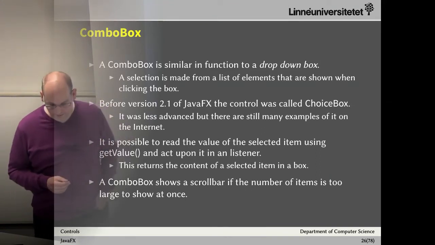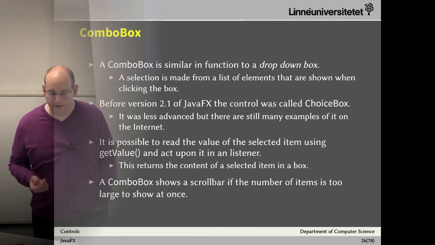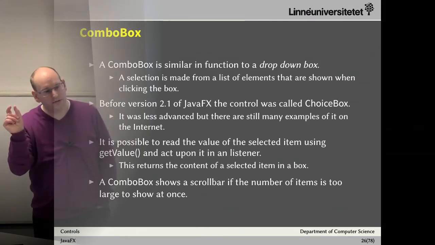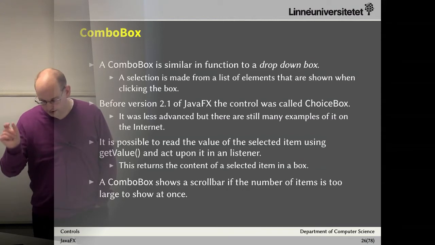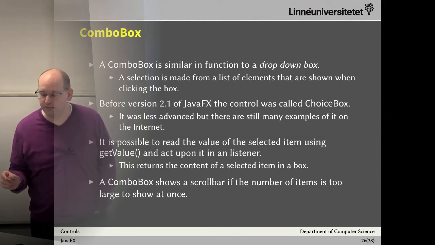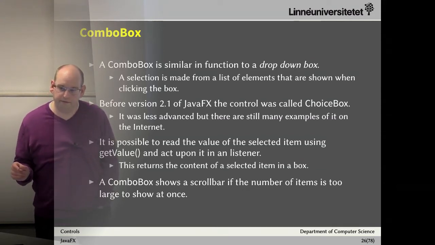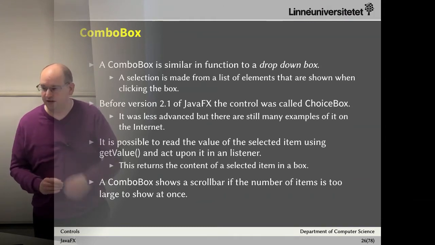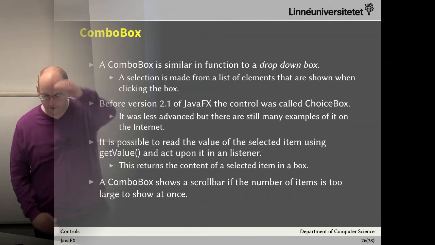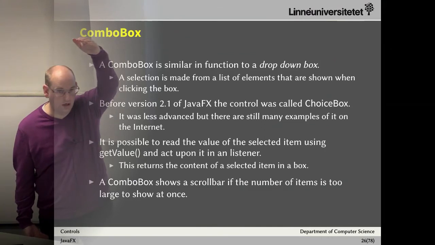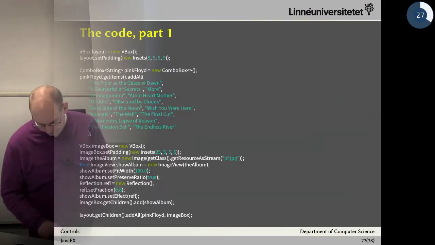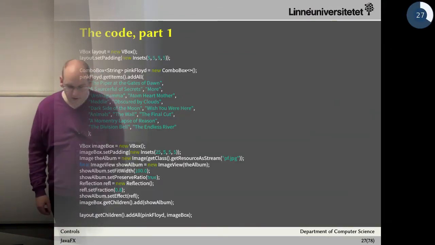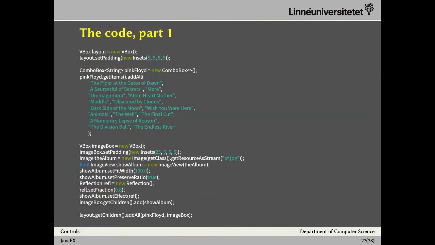Also, a good thing about combo boxes is that they will display a scroll bar if the list is too long. So you will not be faced with this long of a selection. In this one, we have a combo box.